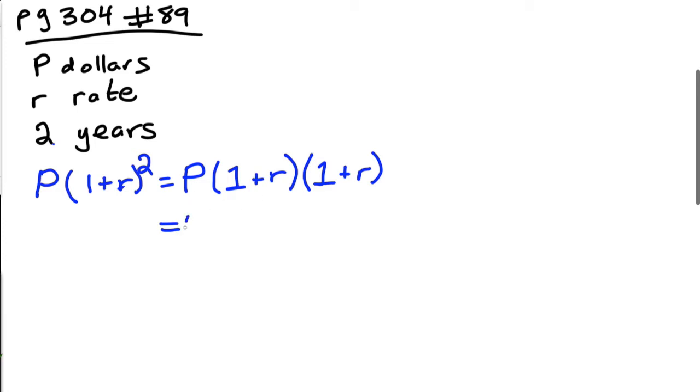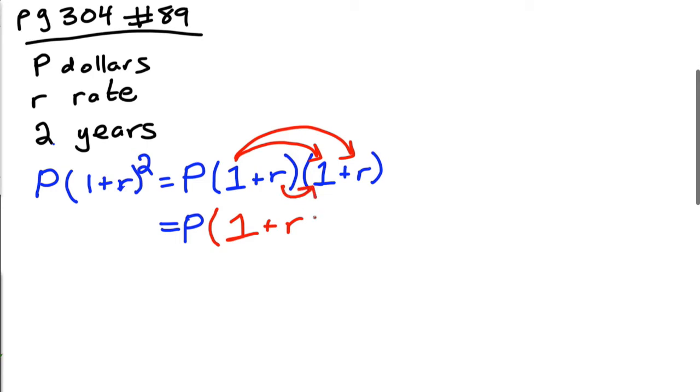So I'm going to leave P alone, and I'm going to FOIL these 2 binomials. So to FOIL, we multiply 1 times 1, which is 1, plus 1 times R, which is 1R. And then I move on to the next one.